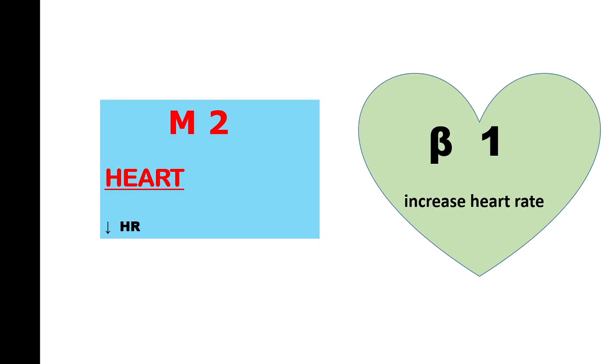Remember, beta 1 receptors are in the heart. When noradrenaline acts on the beta 1 receptor, there will be an increase in heart rate. So both actions are opposite. When acetylcholine acts on the M2 receptor, heart rate will be reduced. When noradrenaline acts on the beta 1 receptor, heart rate will increase. So this is the opposite action.